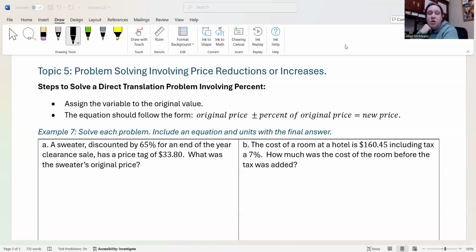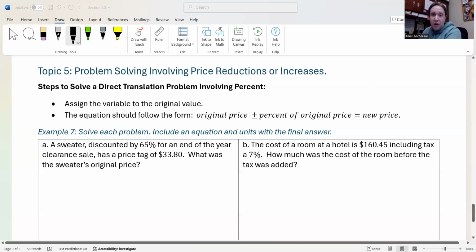So you're going to take the original price plus or minus some percent of the original price. We're going to take the percent and multiply it by the original price, which is going to be our variable. And that's going to equal some new quantity, some new value, some new price. So you're always going to follow this equation. Again, this plus or minus just means you're either adding or you're subtracting depending on the nature of the problem.